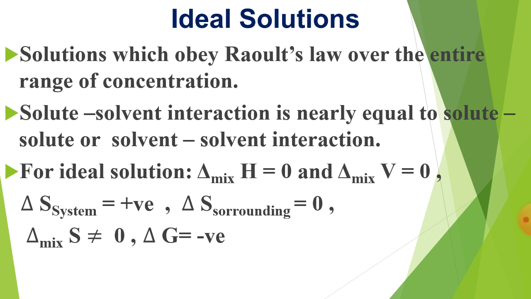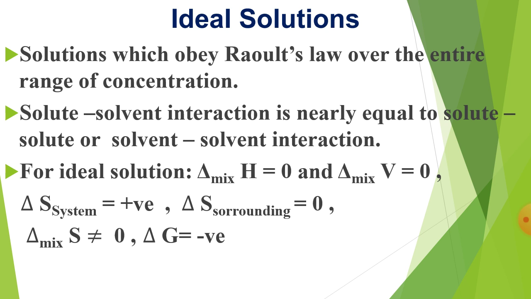Now some more properties you have to know about ideal solution, that is solute-solvent interaction is nearly equal to the solute-solute and solvent-solvent interaction. If here we are taking solvent A and solute B, so they form binary solution of type AB.